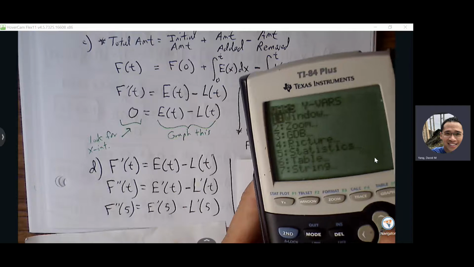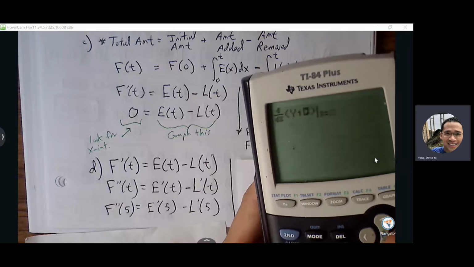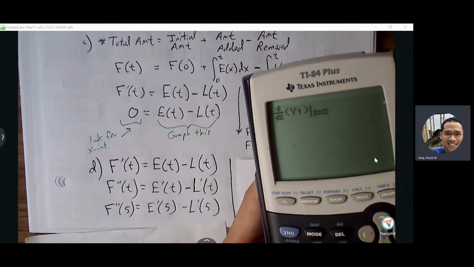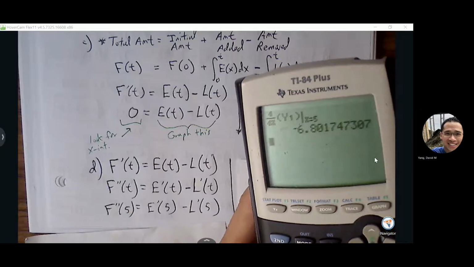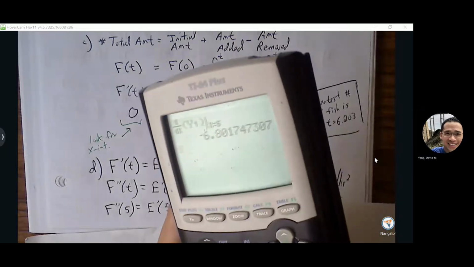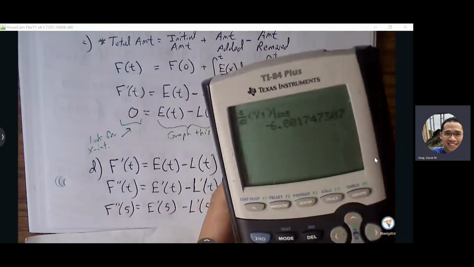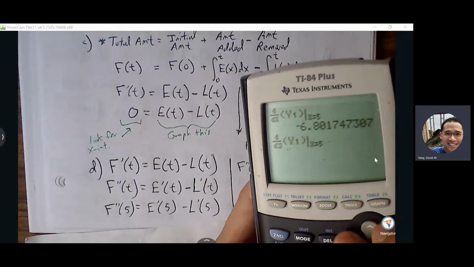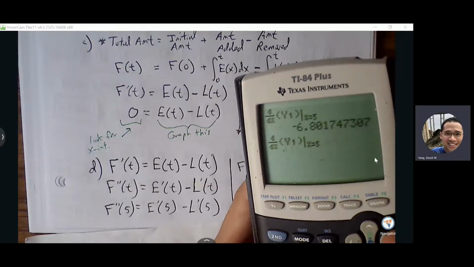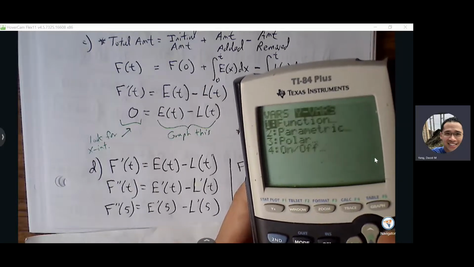Type in your E of t function, which I have stored under y1, and then ask it to find the derivative for you at 5. Repeat the same process for y2, which is storing my L of t.